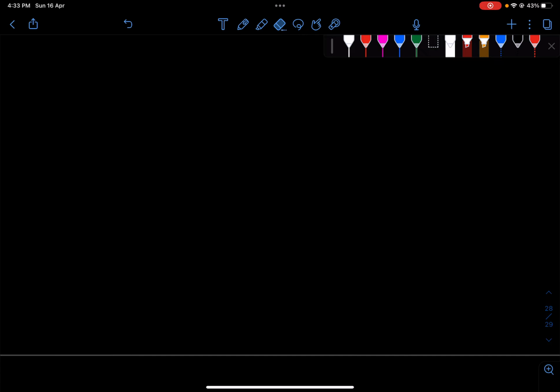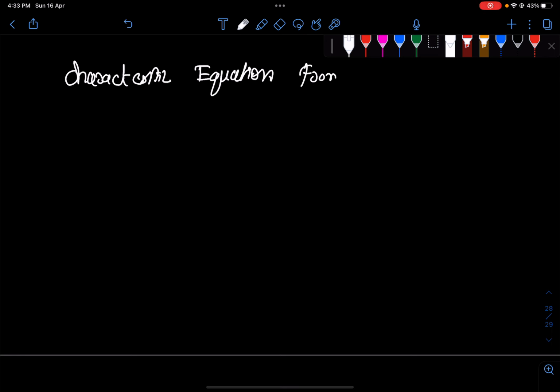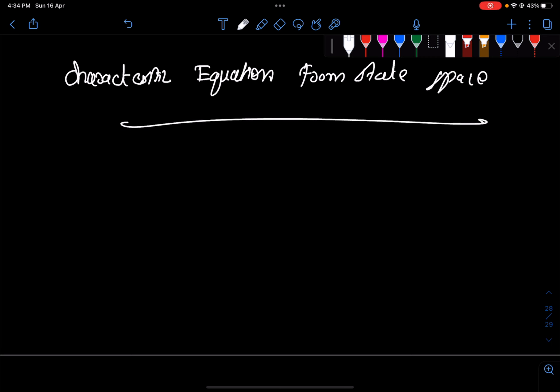Now the next thing is the characteristic equation from state space. Before going to that, let me check for any questions.